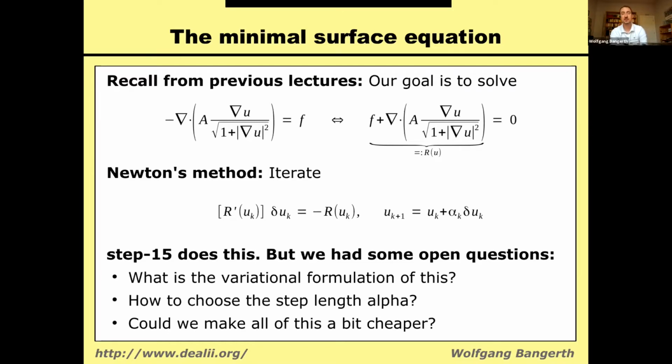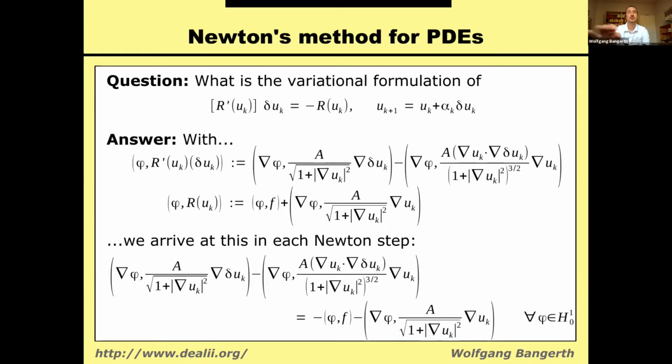And then it turns out that assembling this matrix here is actually quite expensive, and maybe there are ways to make this cheaper. So I'm going to walk you through the ideas behind this program that I wrote, and that is step 77.